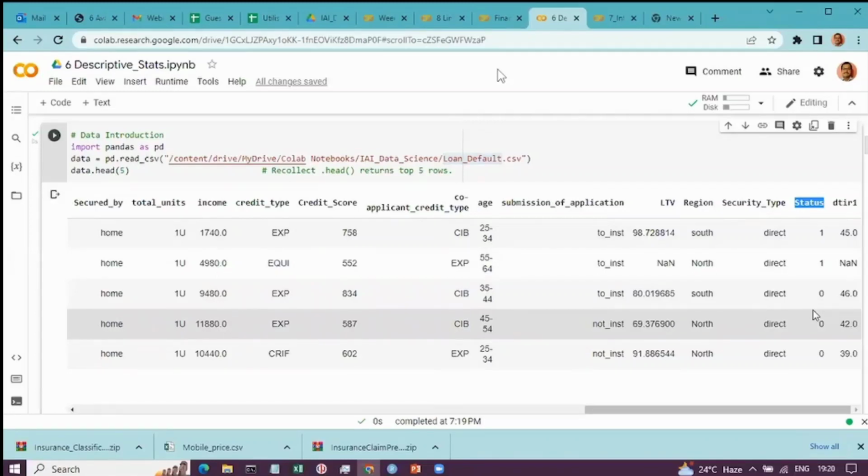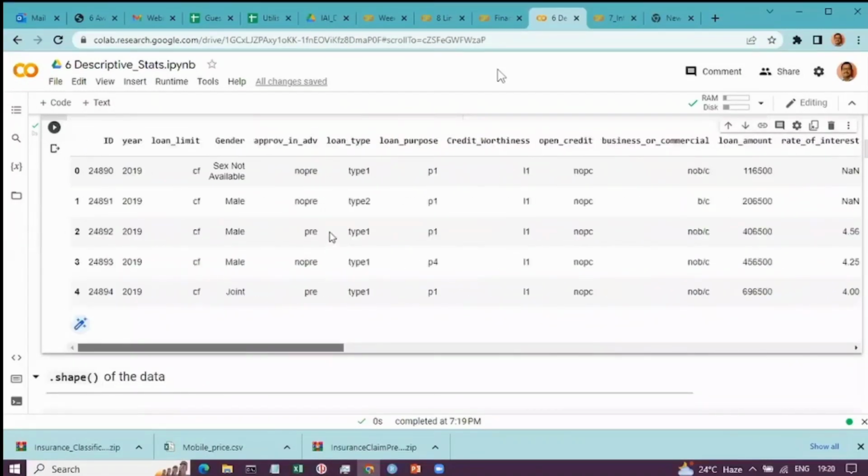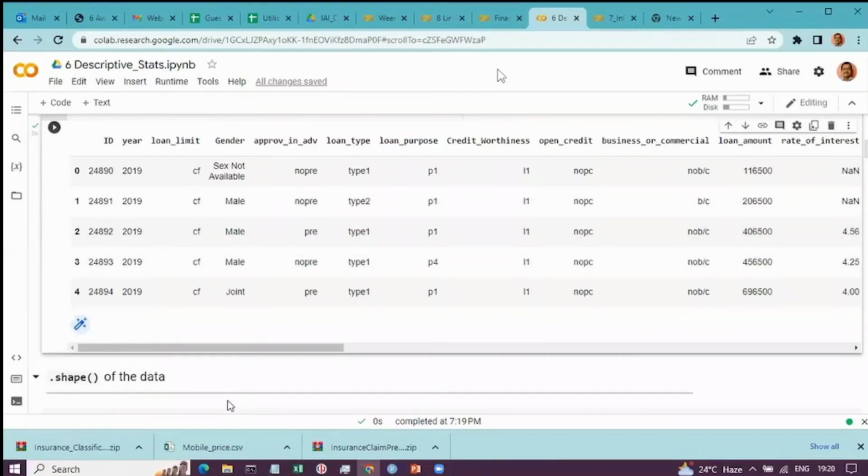So how well can I relate status with all the other values that I have? How many of these variables can explain the status better? Which of these variables are related to the status? Which of these variables are not related to the status? That is something that we may have to work out as well. So that is where we are saying we will try to do feature selection or try to understand the relationship between the variables.